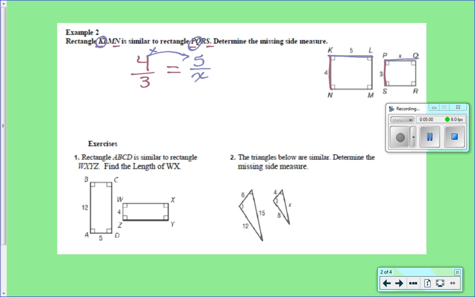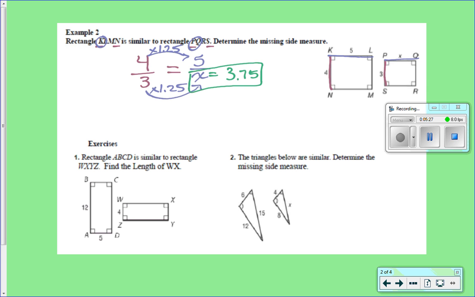Good. So if we multiply 4 times 1.25, what do we do to 3? Good. And so our side length is 3.75 units. Are we good?